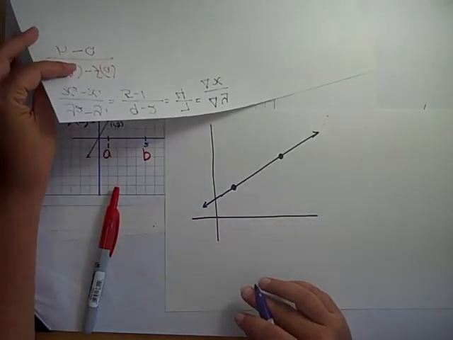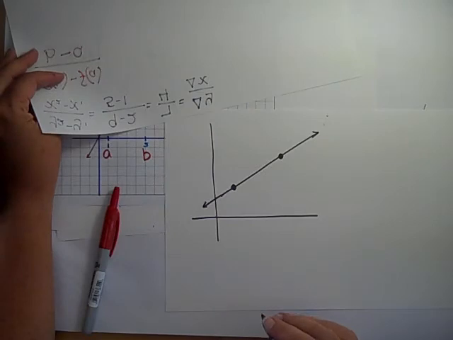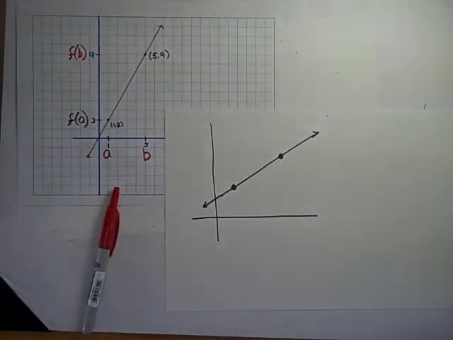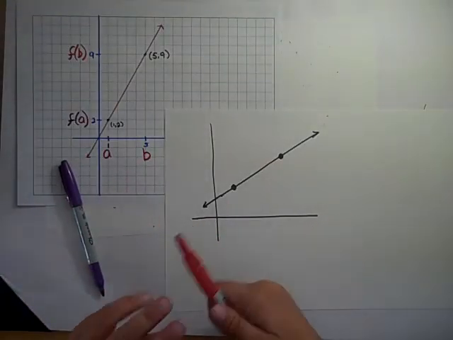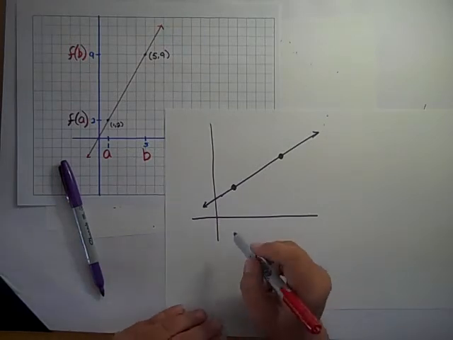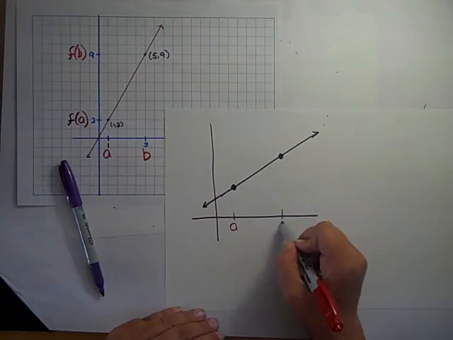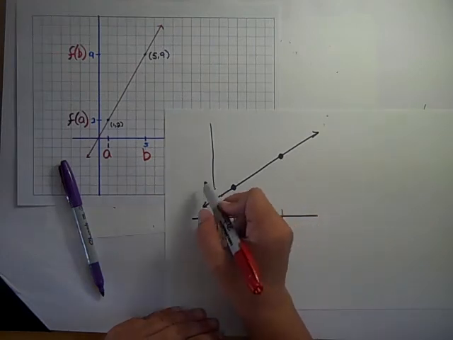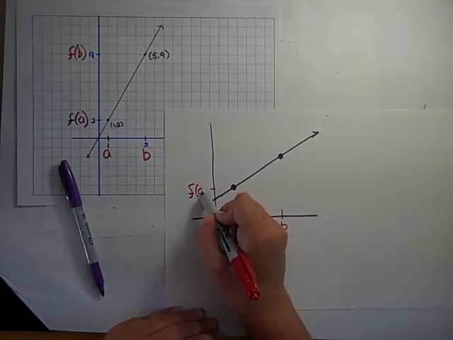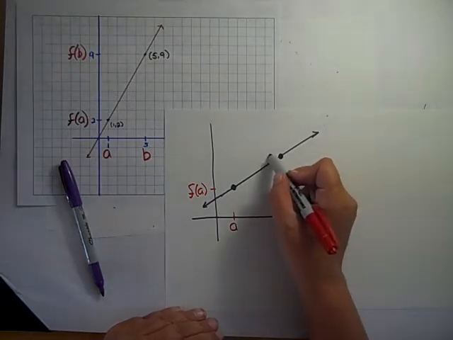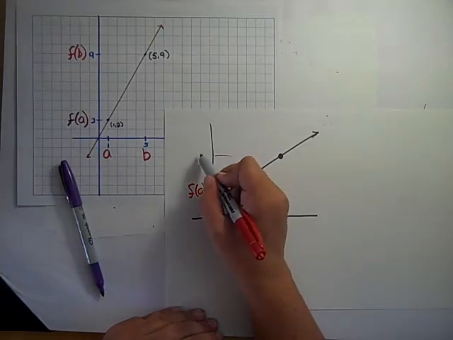And I'll pause the video for a second if you'd like, and then come back and check your answer. So you would label this as, we usually label the x's first. A, and this is b, and this would be f of a, and this y value here would be f of b.